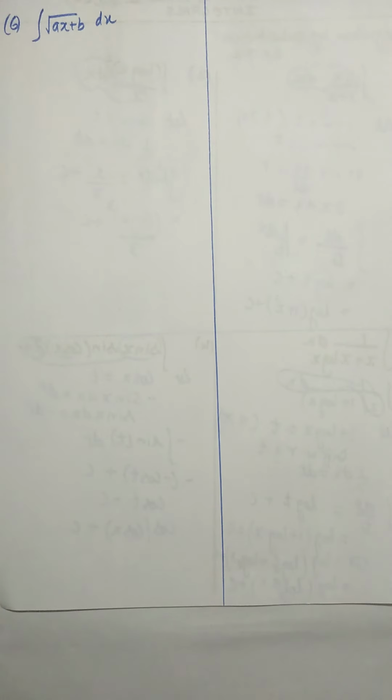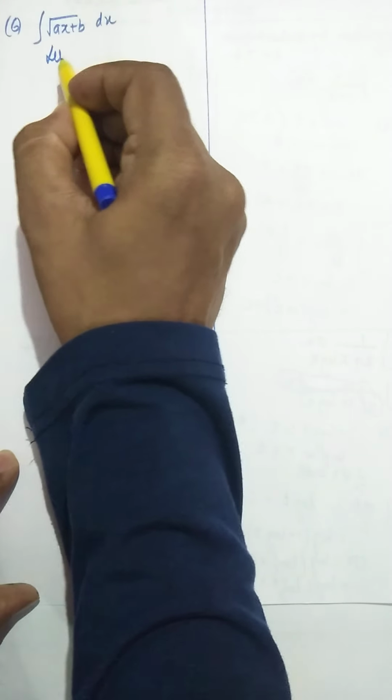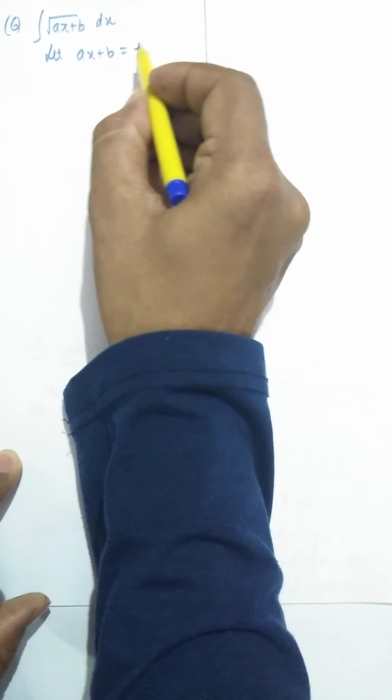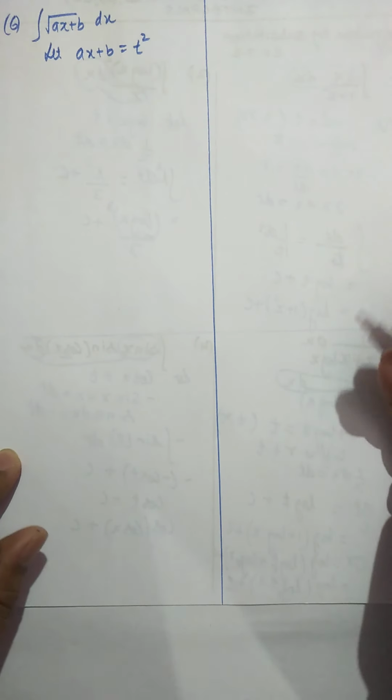Okay, now next question, you see this is ax plus b dx. Now you cannot apply any rule directly, so you have to go with the substitution. So you can assume, let ax plus b as t square, or you can also say a root ax plus b as t.